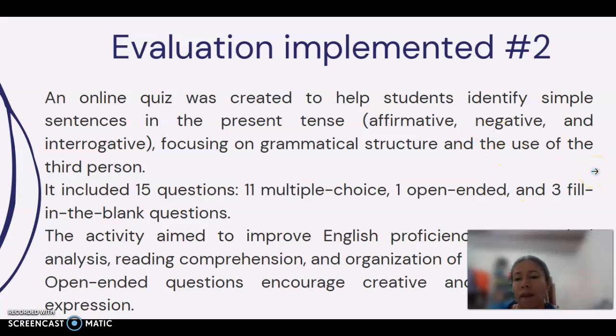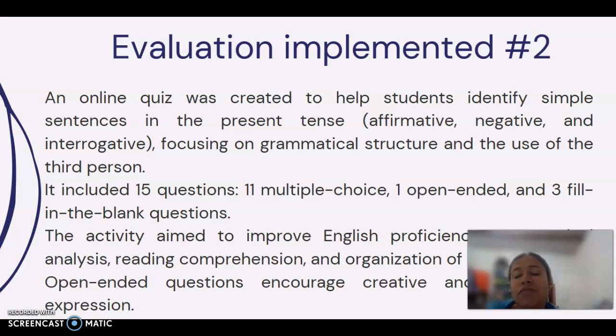Evaluation implemented, number two. An online quiz was created to help students identify simple sentences in the present tense, affirmative, negative, and interrogative, focusing on grammatical structure and the use of the third person.